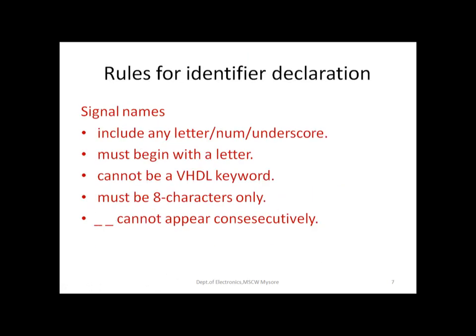And what are the rules for identifier declaration? It includes any letter, number or the underscore, and they must begin with a letter, and it cannot be a VHDL keyword, and it must be 8 characters only, and you cannot use 2 underscore characters simultaneously.